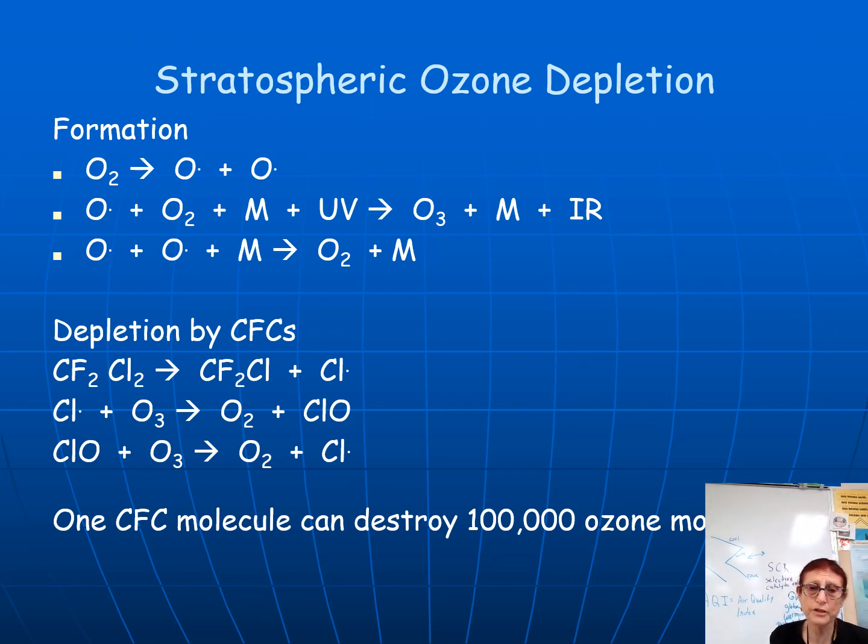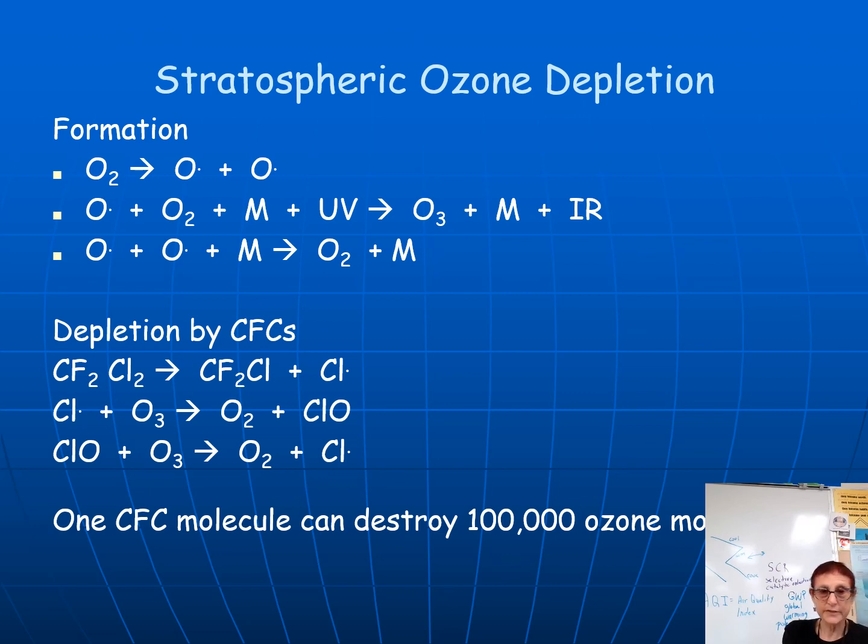UV light, particularly UVB or UVC, is used to help spur that reaction on, and you produce ozone, and you can see that infrared energy is kicked out. If you noted in the stratosphere, when you got to the top of the stratosphere, temperature increased with respect to altitude. It's suspected that this reaction mechanism may be one of the reasons why temperature does increase there with respect to altitude.